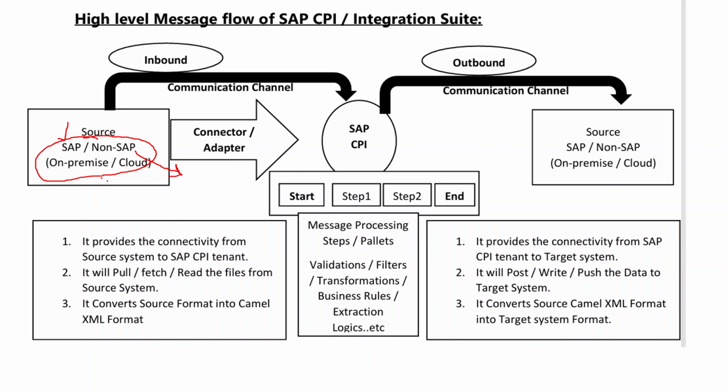Now let us imagine a source system, it may be SAP or on-premise, wants to communicate to SAP. First thing we need to establish the communication channel, right? These two systems should talk first. There should be some bridge where these two systems can communicate with each other. That communication we are going to establish in the form of adapters.